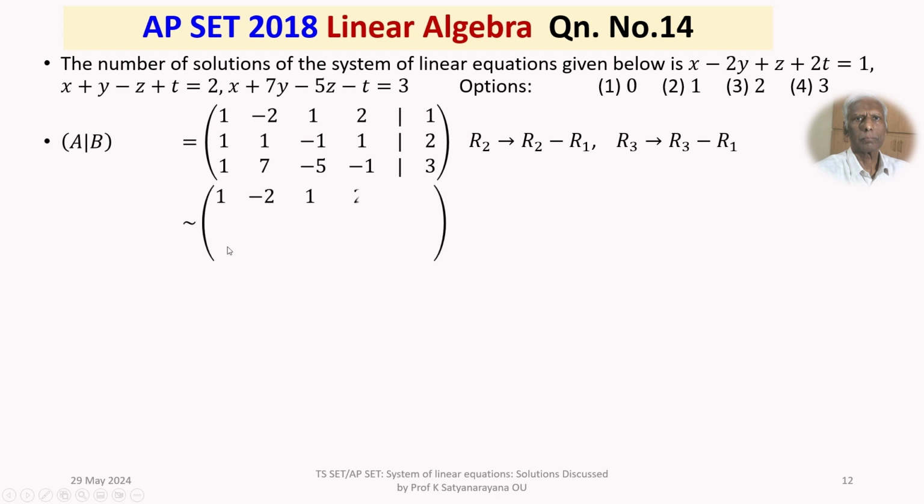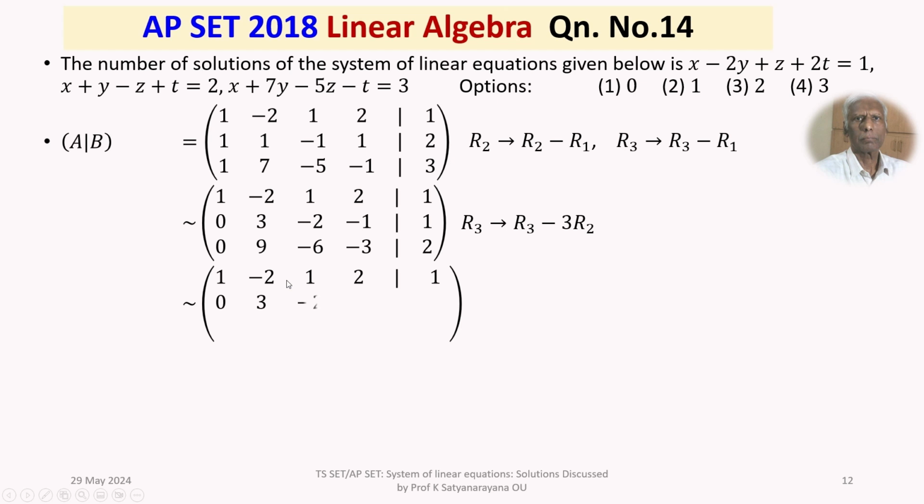Then it becomes 0 here, 0 here. Now we observe that 3 times the second row up to this is the third row. Not here. So we make R3 is R3 minus 3R2.